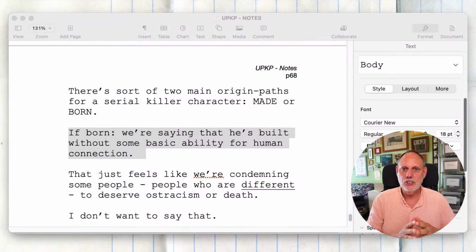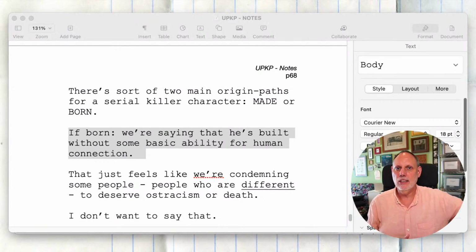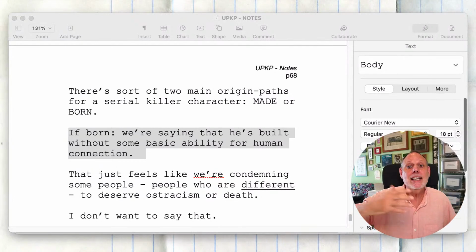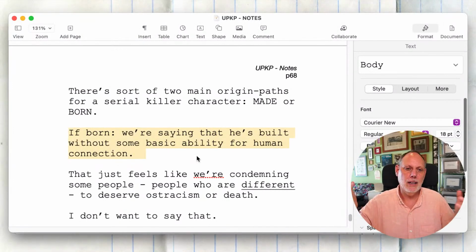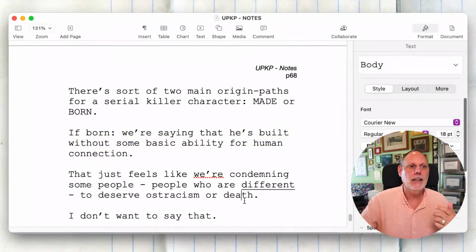I do not want this to be about the idea that there are some bad guys who are different than us, who are therefore killable, ostracizable, bad. I'm not even saying socially whether or not this is true. I'm saying for this story, I don't want to do that.